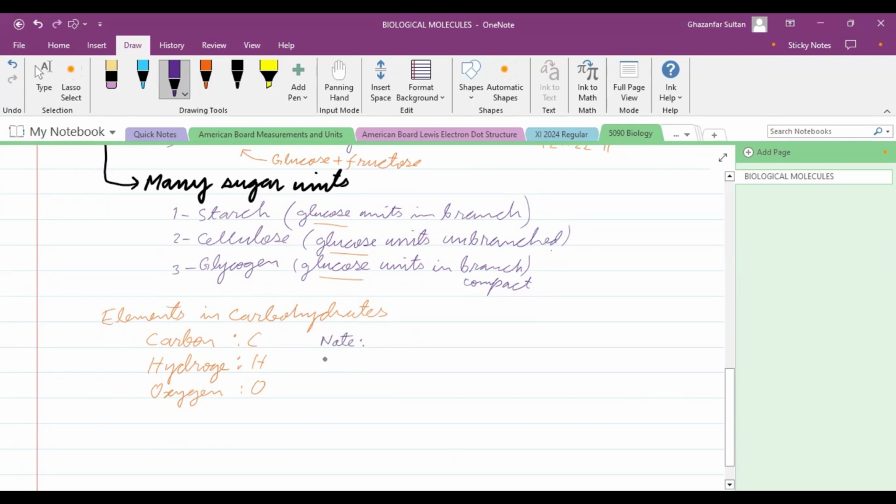In carbohydrates, the ratio of carbon and oxygen is usually same.